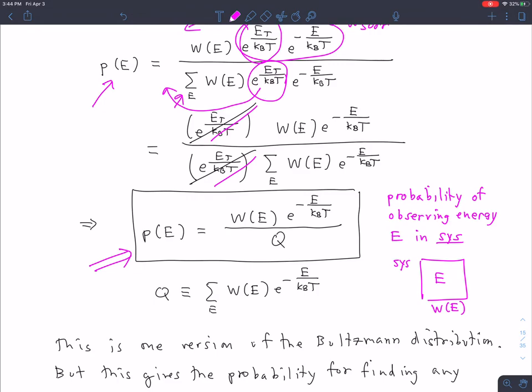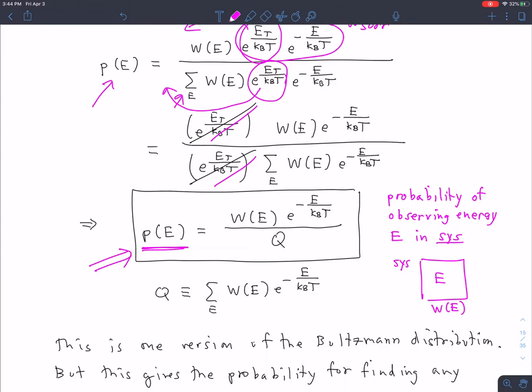Remember that this is the probability for finding the system in a certain energy, but that could be a whole lot of microstates, right? A whole bunch of different microstates might still have the same energy. And this just tells you the probability of finding any one of all those microstates. Much more basic would be to find the probability of just one microstate.